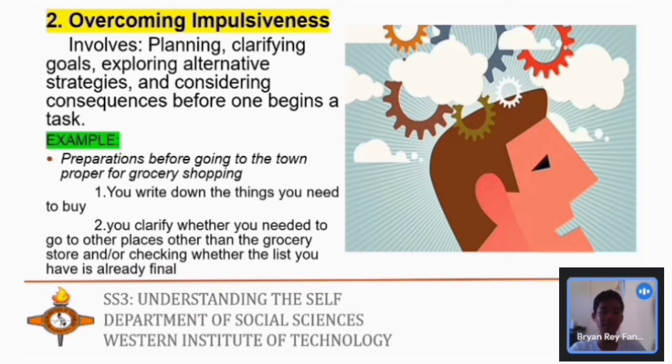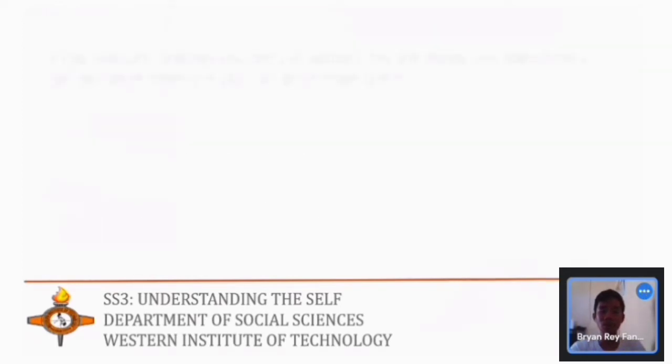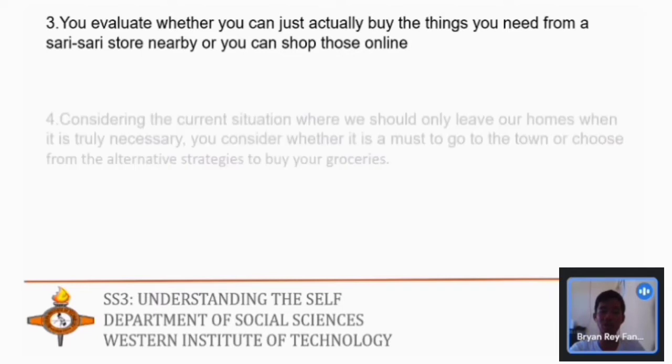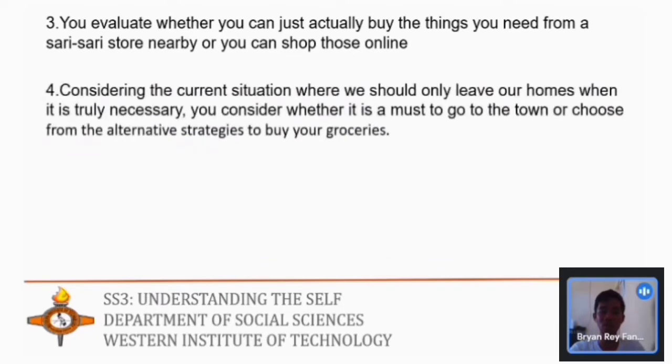Number 3, you evaluate whether you can just buy the things you need from a sari-sari store nearby or shop online. Number 4, considering the current situation where we should only leave our homes when it is truly necessary, you consider whether it is a must to go to the town or choose from the alternative strategies to buy your groceries.